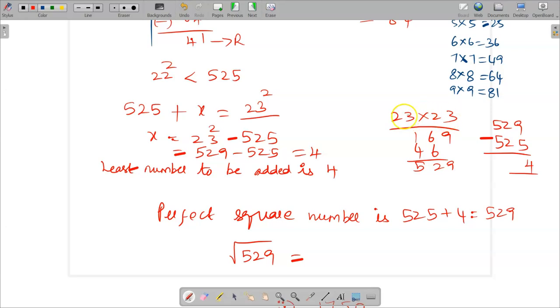Already we have determined that 23 into 23 is 529, that is, 23 square is 529. So root of 23 square is 23. So root of 529 is 23 for this problem.